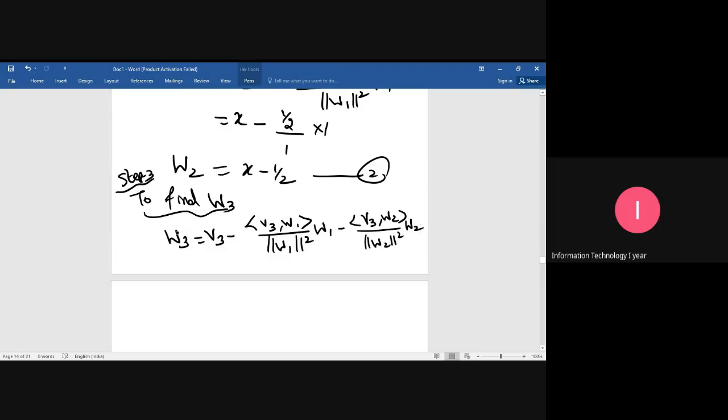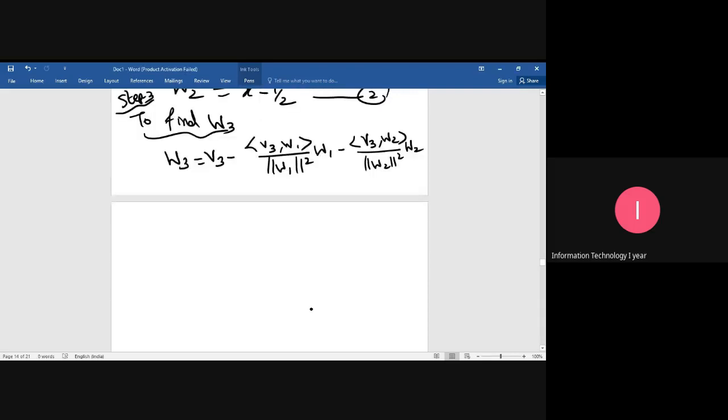See, a very simple formula. w3 starts from v3. w2 means v2 minus, w3 is actually v3 minus the inner product of v3 comma first vector w1 by norm w1 square into w1, minus the inner product of v3 comma w2 by norm w2 square into w2.